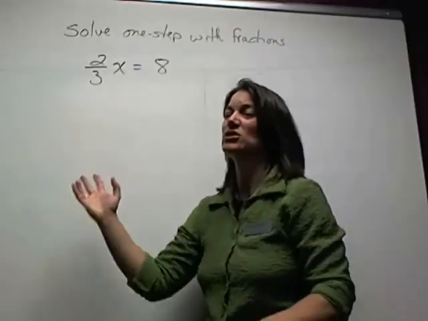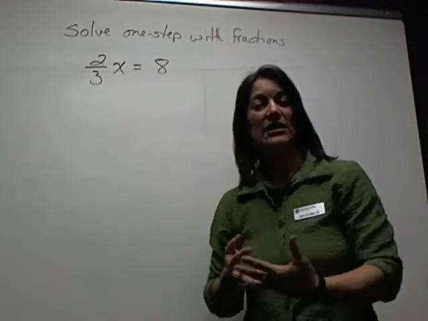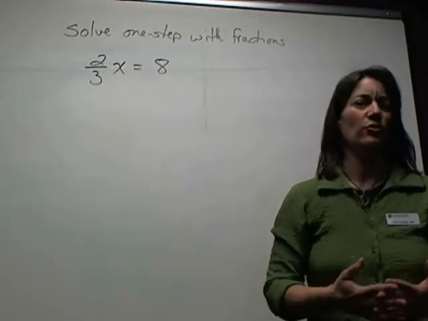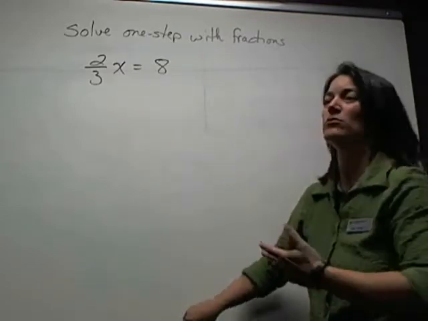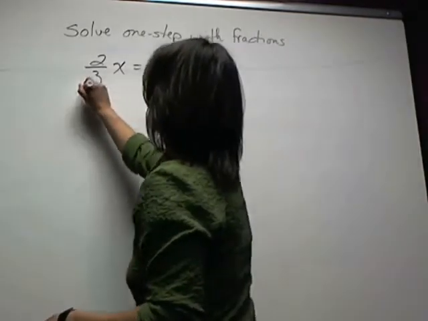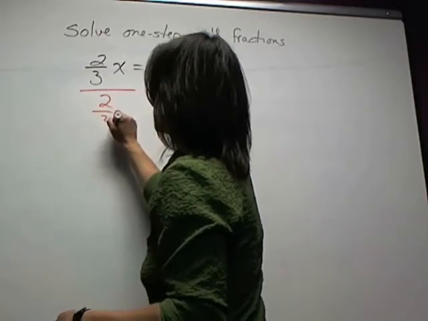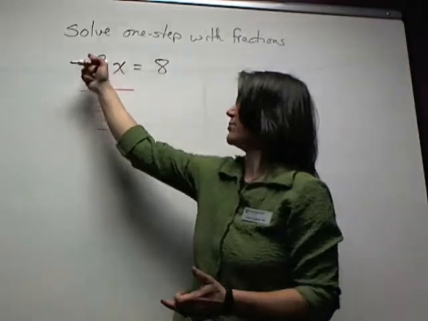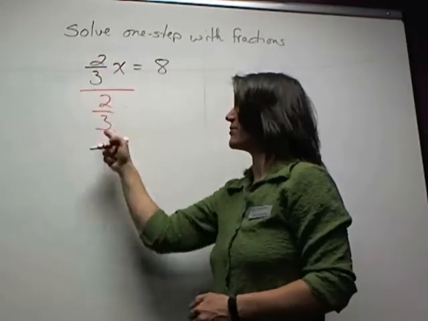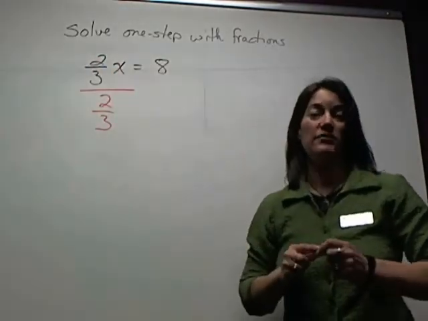Now we've said earlier that since this is multiplication, to cancel out multiplication and get our variable by itself, we would have to use division. However, if we look at that, dividing both sides by 2/3, we'd say, oh, divide this by 2/3. That's really ugly. That's called a complex fraction. We have a fraction on top and a fraction on the bottom of another fraction.